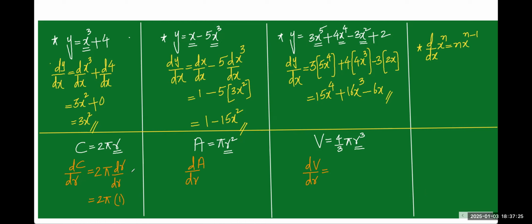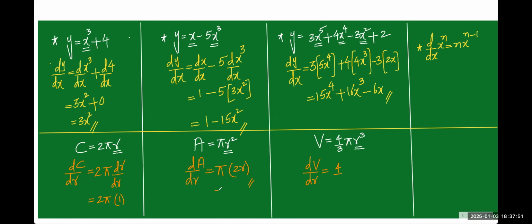Like that, r with respect to r is also 1. I hope you understand. So this will be pi times 2, that's it.